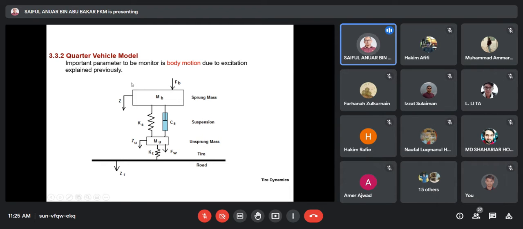We model it in this simplified way because in an actual suspension system, the shock absorber and the spring are not in a straight formation. They have a certain angle, which is the camber angle. But for the purpose of simplification in mathematical modeling, we make it straight. So this is how we draw it.